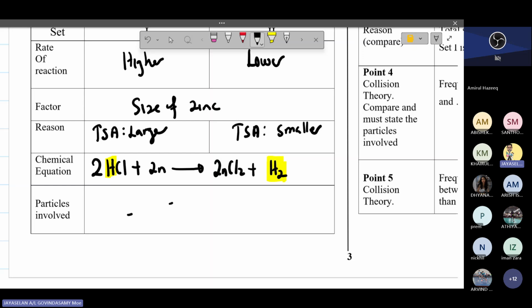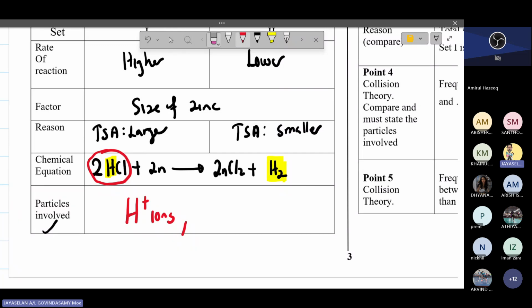Okay, for collision theory, you need to get the particle. What particle is involved in the reaction? Try to get the particle. When you see this, hydrochloric acid, the particle involved in an acid is what particle? Hydrogen ion. Please put it. Acid, not only hydrochloric acid, whatever acid, nitric acid, sulfuric acid, ethanoic acid, just take the hydrogen ion.